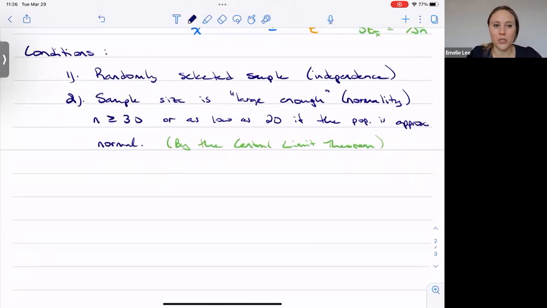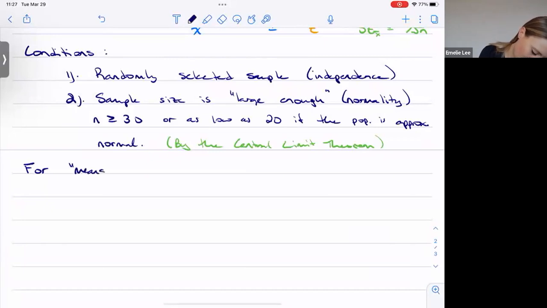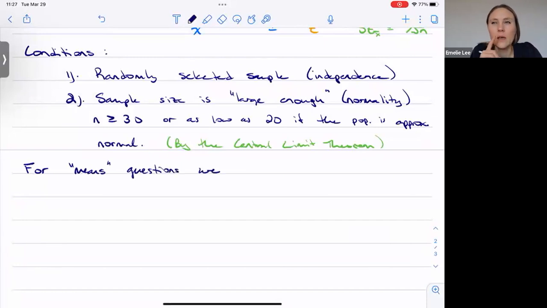The t-distribution. For means questions, and this is specifically for one sample and two sample means, because remember, we're going to use ANOVA for the last section, but let's just keep it simple here.